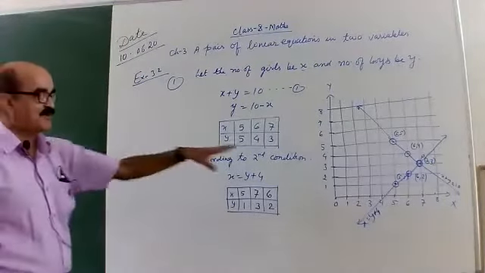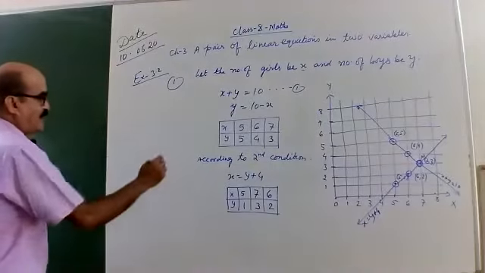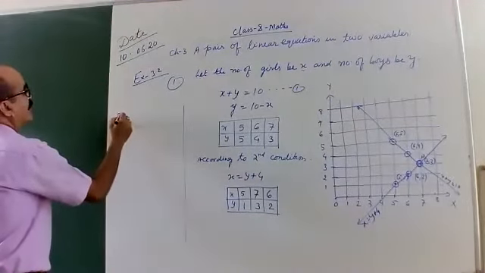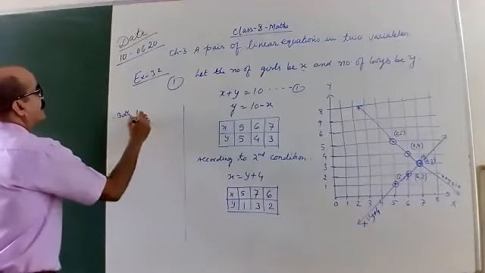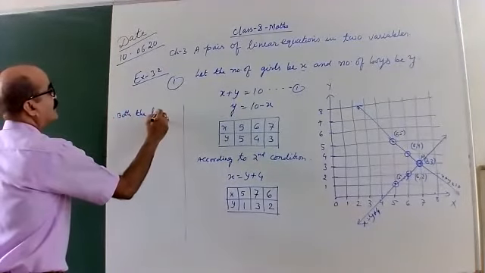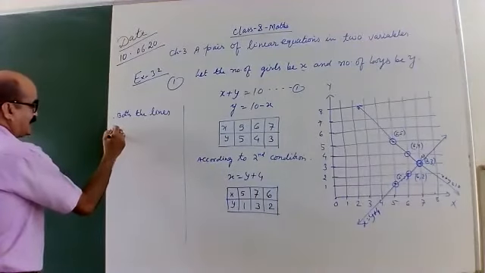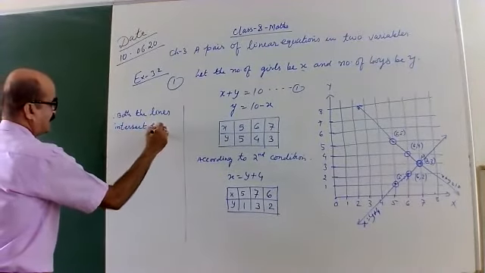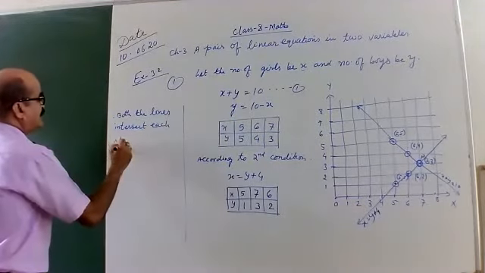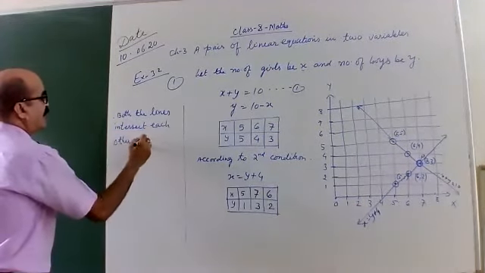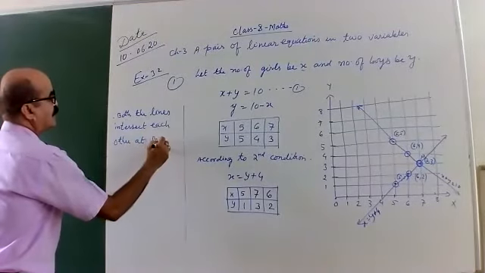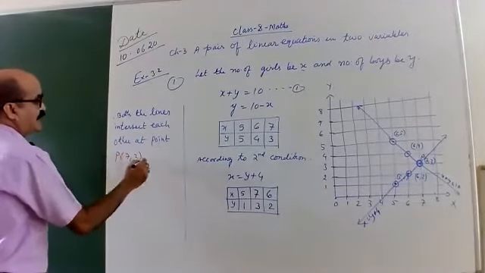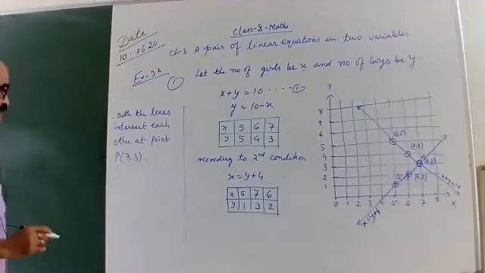So after plotting, at the end you will write here, since both the lines intersect each other at point P 7, 3, right?